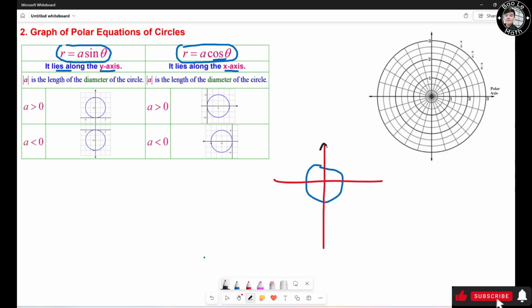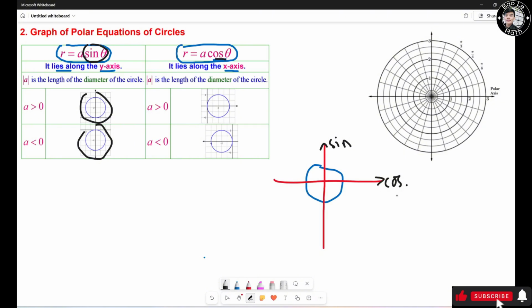The y-axis represents the sine function. So if you see anything related to sine theta, the circle lies along the y-axis, right here. If it's related to cosine theta, which is the x-axis, then it lies along the x-axis.